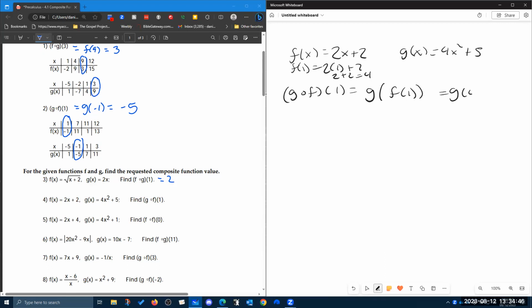So that's g of 4, which is 4 times 4 squared plus 5. 4 times 16 plus 5 is 64 plus 5, which is 69.